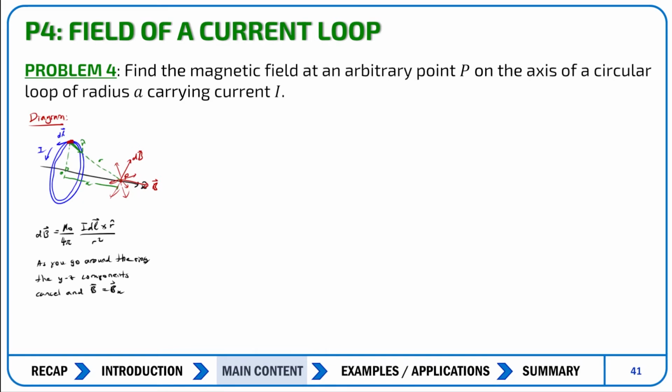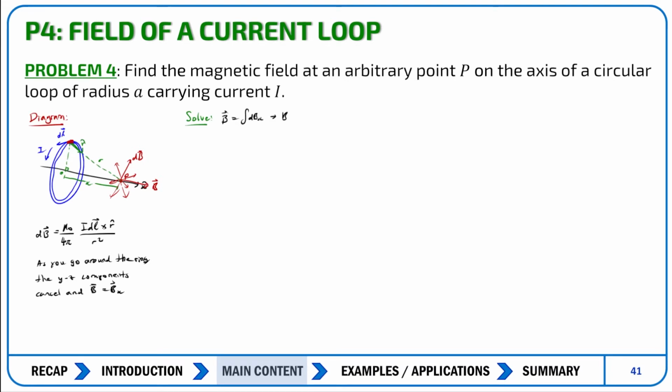So now we can try to solve based off of our analysis of symmetry. We know that B is simply equal to the integral of dBx, so that's all we have to worry about.